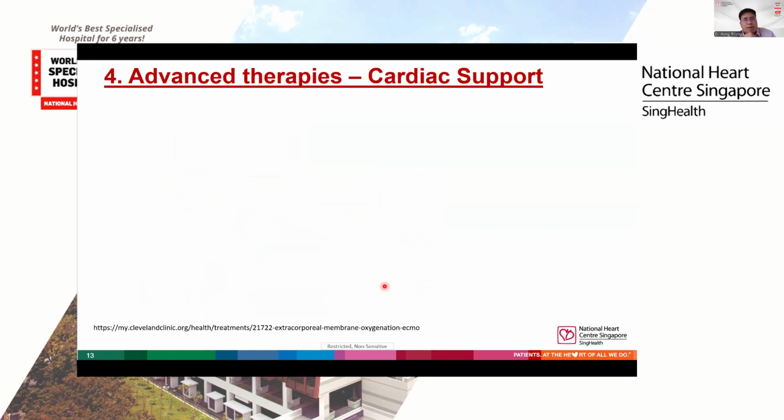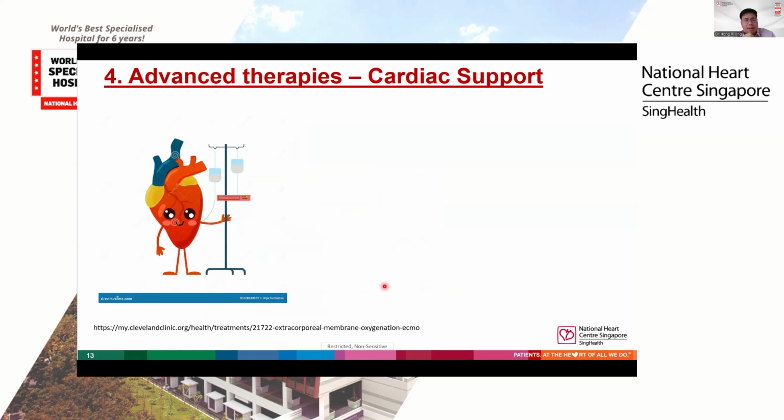Finally, let's come to advanced therapies, meaning in patients with advanced heart failure, what else can we do? In terms of cardiac support, there are medications that we can infuse into a patient. We know this as IV or intravenous medications. There are two types that we commonly use. One is called dobutamine, the other is called IV levosimendan, and these medications serve to temporarily increase the contraction of the heart.